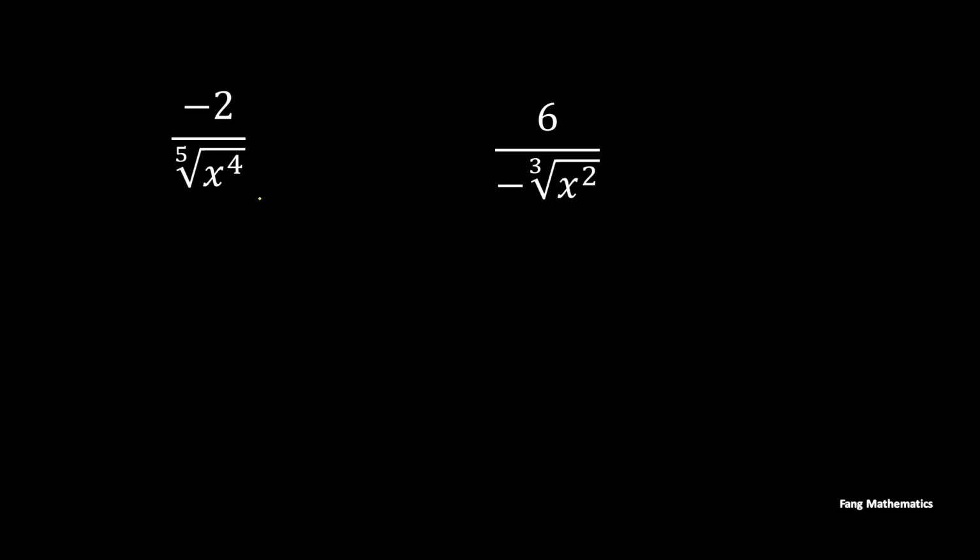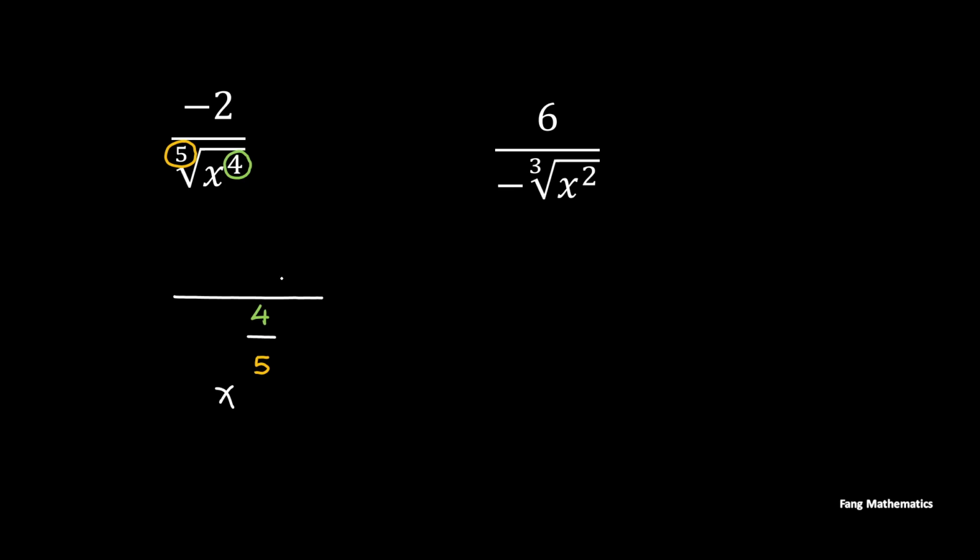We first identify the power. Power is 4. So 4 on the numerator. Radical is 5. 5 at the denominator. So 4 over 5. You have successfully turned it to exponent form and your x as the base, right?